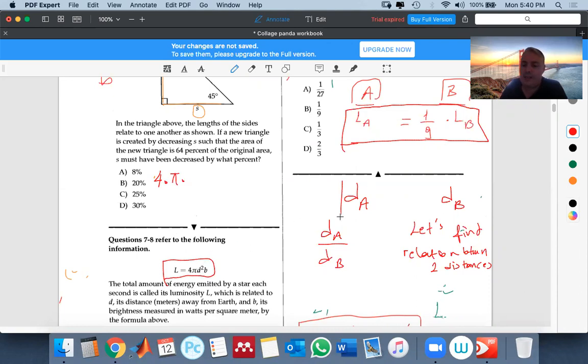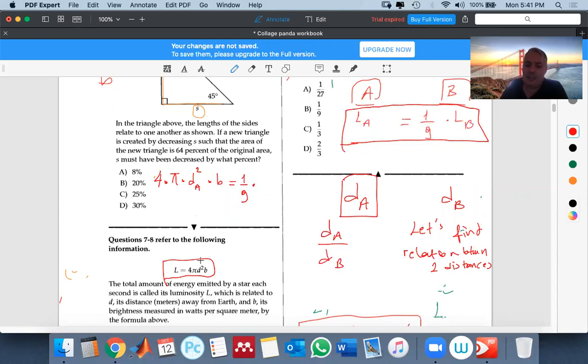What is d? dA now. So dA squared times b. Is there any other b? No, b is b. It doesn't say anything. Equals 1 over 9, since it says at the beginning, LB.